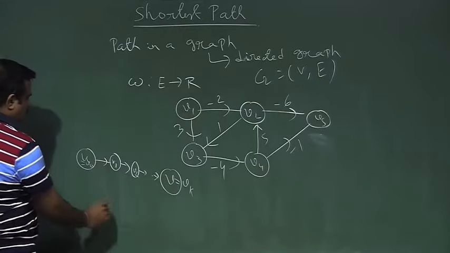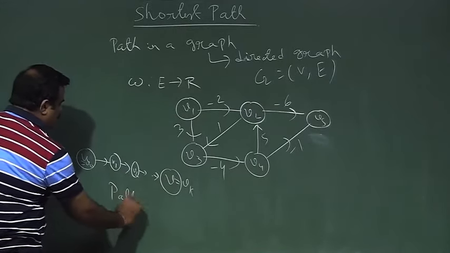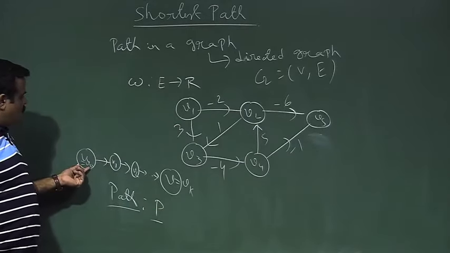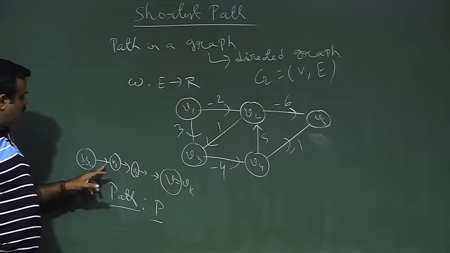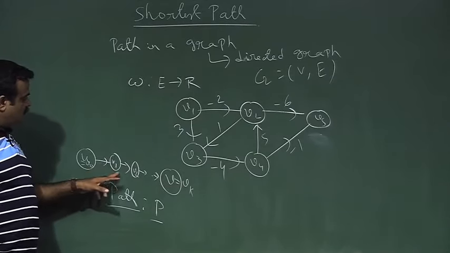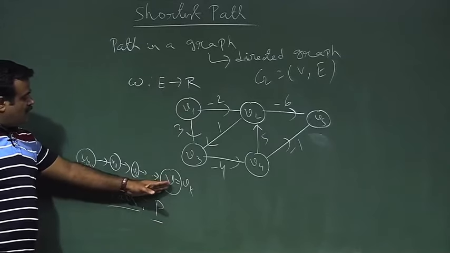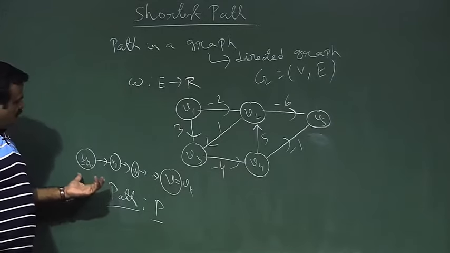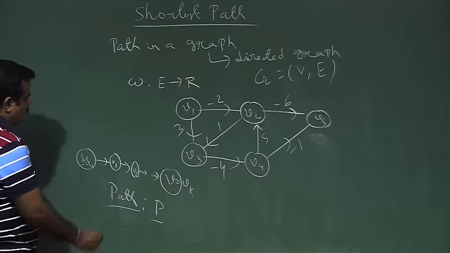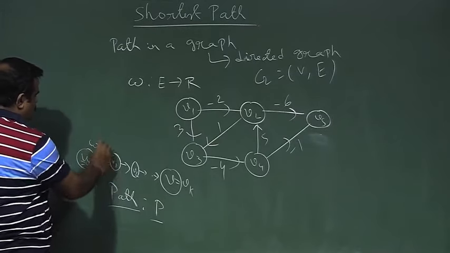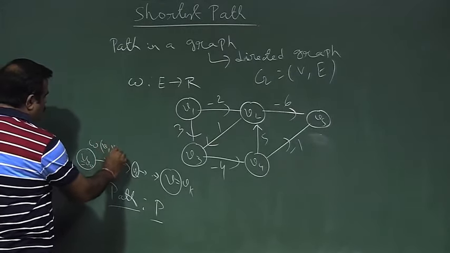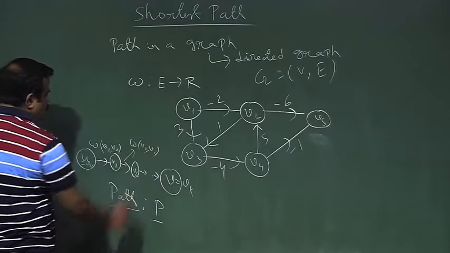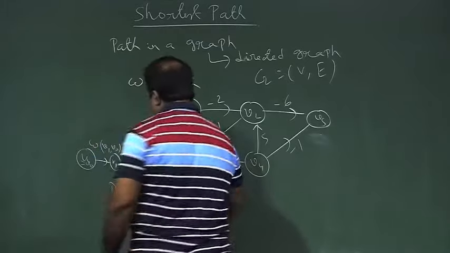So this is a physical path, and we denote it by P. We start with the vertex U and take an edge, then go to another vertex V1, V2 like this, and ultimately we have to reach V.